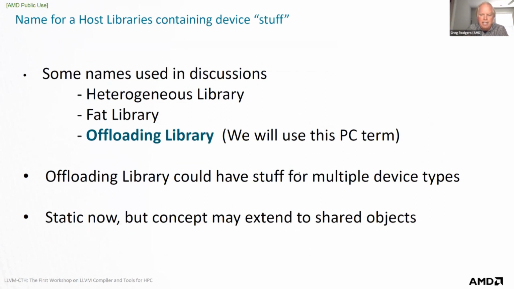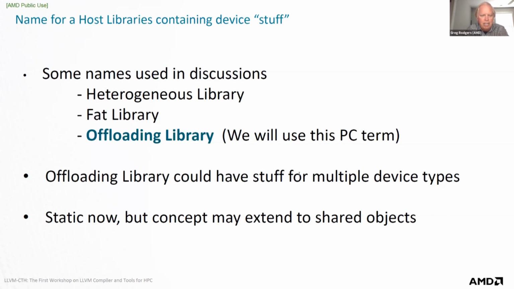I want to take an aside here, before I go on to talking about step 3. That archive file that you saw created, I'd like to come up with a name for that. In discussions with Ravi and the multi-company meeting on LLVM, we've heard the term fat library, and I tried to use the word heterogeneous library. I'm trying to converge on the term offloading library because that's actually a Clang term that is more politically correct, by the way.